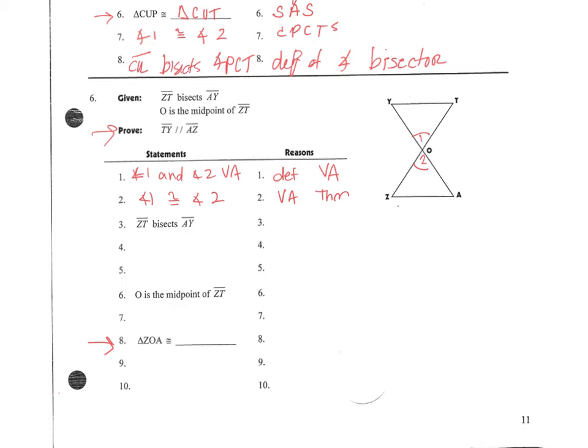And now we can start looking at some information here. We're going to have that segment ZT bisects segment AY, and that is given. If we look at what that would tell us and where that's located, it tells us that O is a midpoint of segment AY, and that's just the definition of a segment bisector.